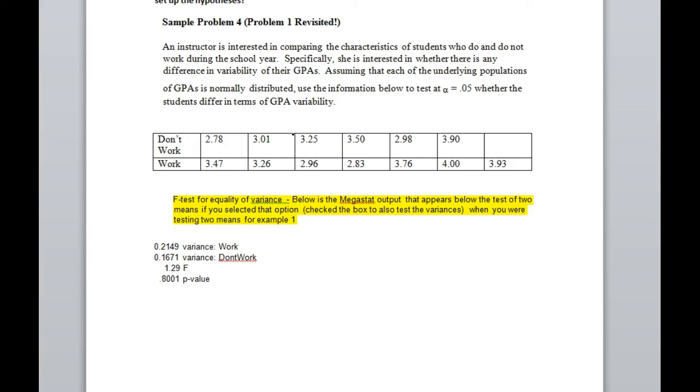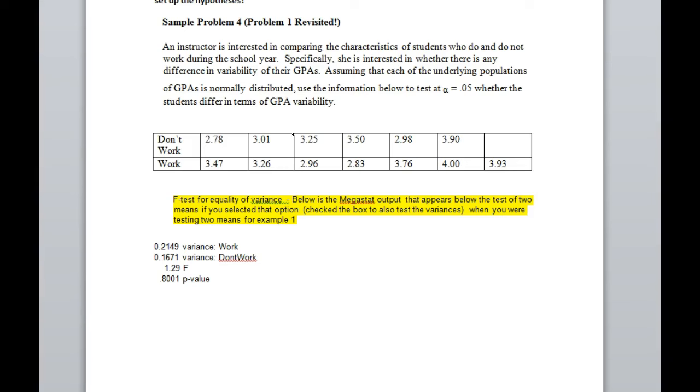Use the information below to test at alpha level 0.05 whether the students differ in GPA variability, right? So now we're not looking specifically for the population mean or whatever. We're now wanting to compare their sample variances or their sample standard deviations to see if their population variances do in fact differ.